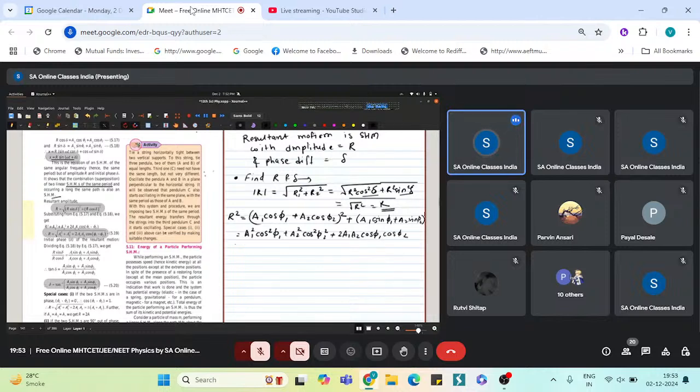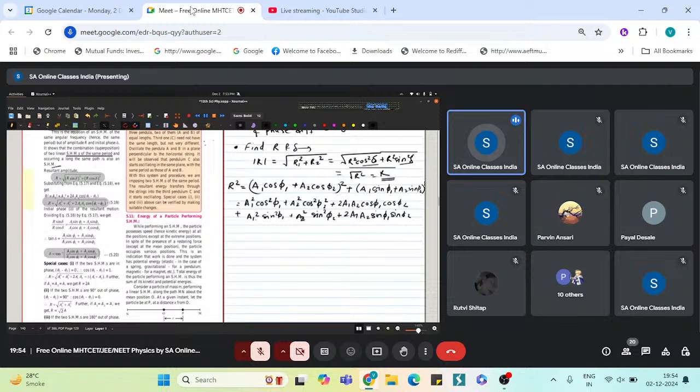This is the first bracket. And then the second bracket will be a1 square sine square phi 1 plus a2 square sine square phi 2 plus 2a1 a2 sine phi 1 sine phi 2.